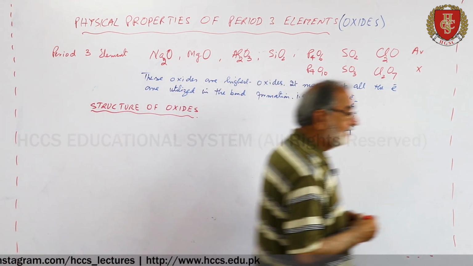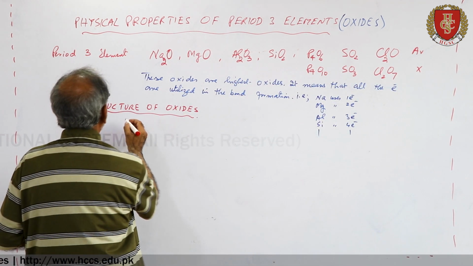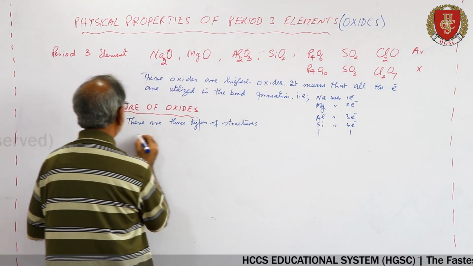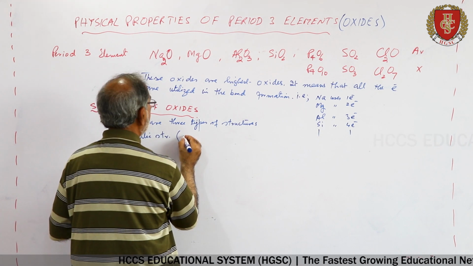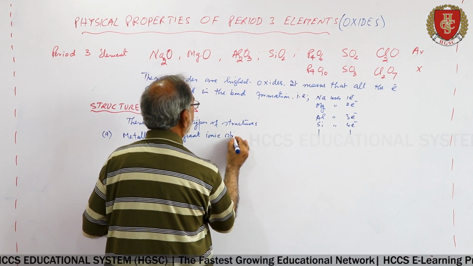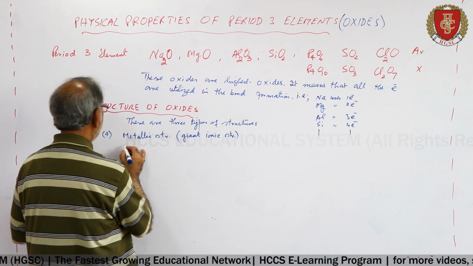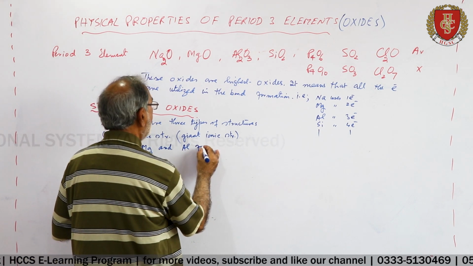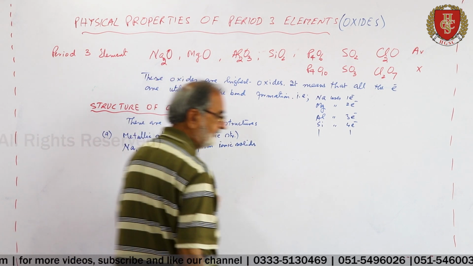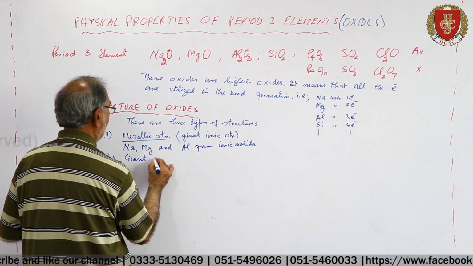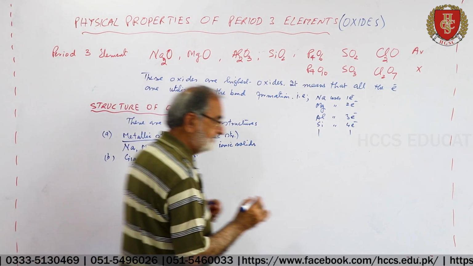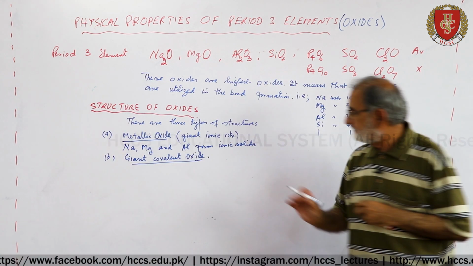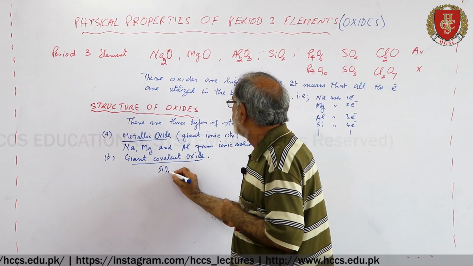The structure of oxides: there are 3 types of structures. Number 1, giant ionic structure, that is, sodium, magnesium and aluminium form ionic solids. Number 2, giant covalent structure, they are covalent oxides like silicon dioxide.